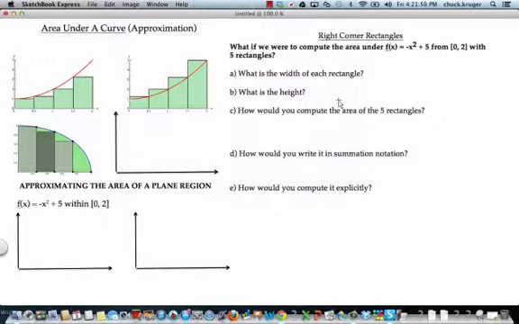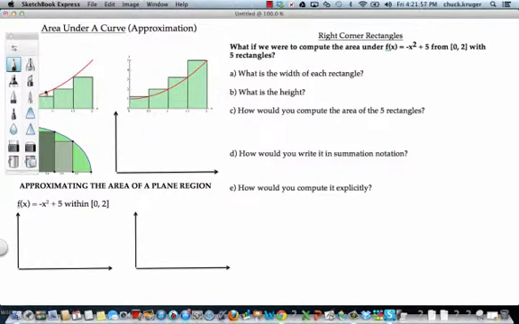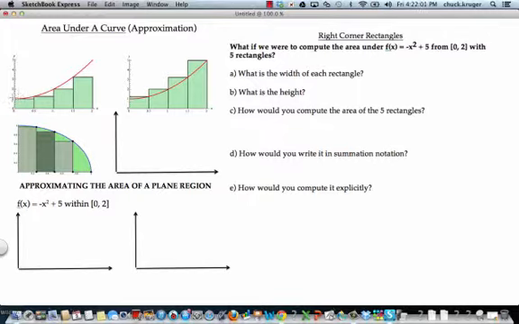The first picture over here, let's make sure I have a writing tool here, because occasionally I forget to do that, and I think I have in this case. Right here I have a concave up graph, and these are called left corner rectangles, or left Riemann sums, and you can see that the left corner is what's touching the curve.